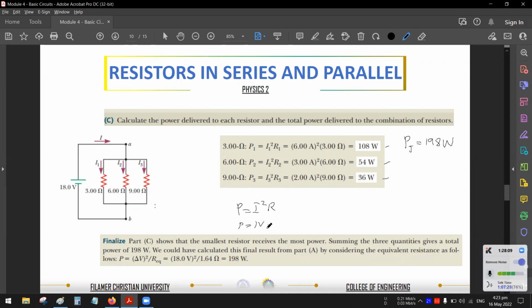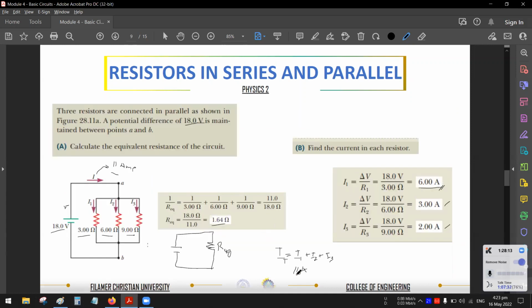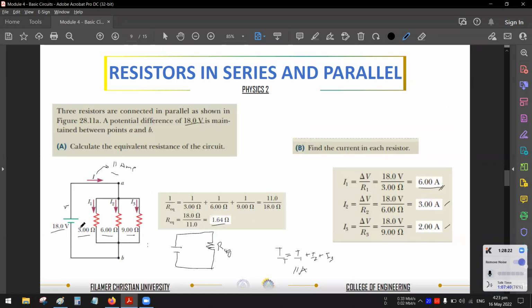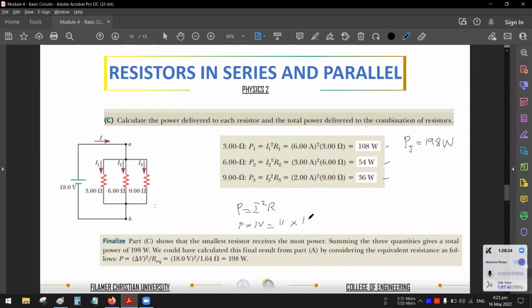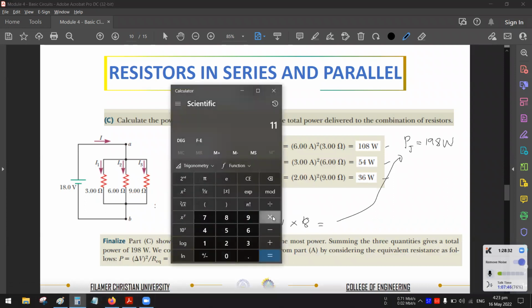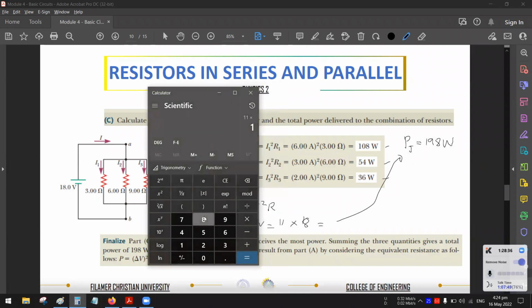So, using this formula, ilan yung total current natin? We have 11 multiplied by total voltage. Ilan yung voltage natin? 18. So, dapat magtugma to sa 198. So, 11 times 18. Ayan, 198 nga.